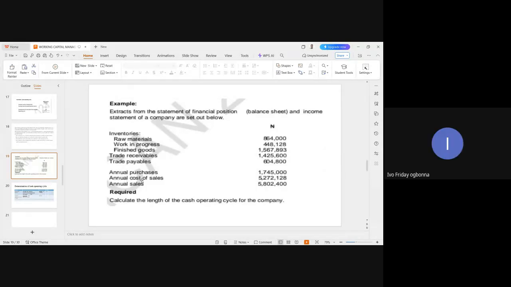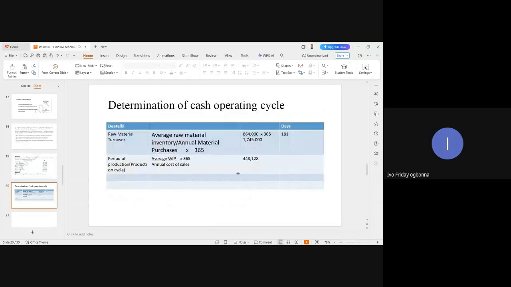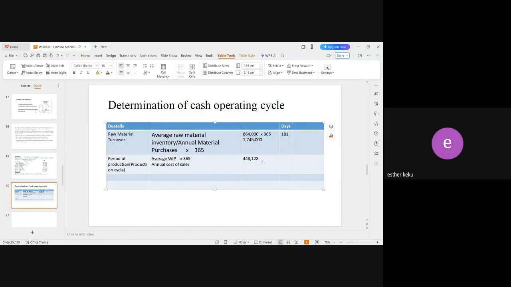Cost of sales: 5,272,128. So it is 31 days.